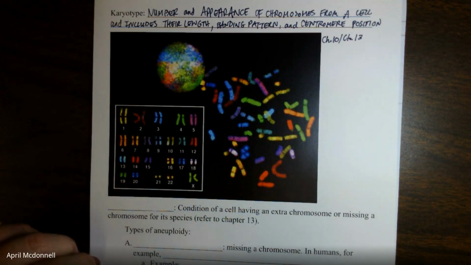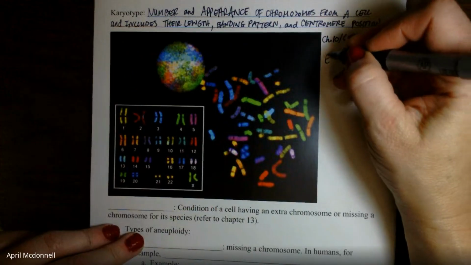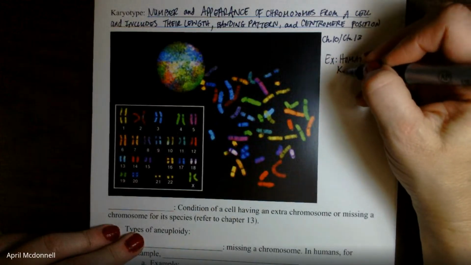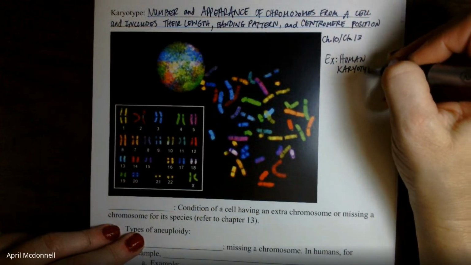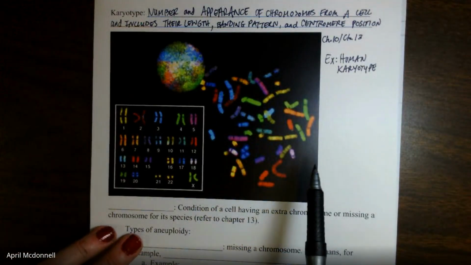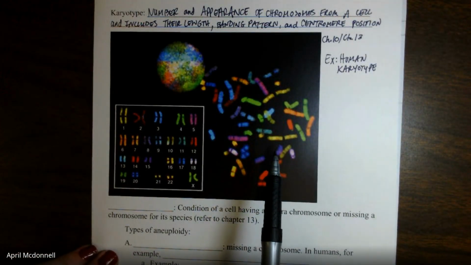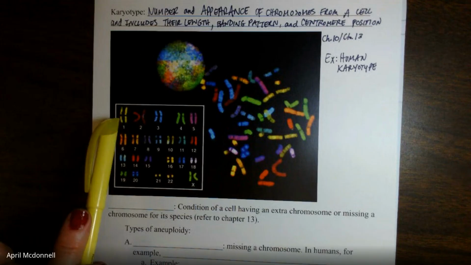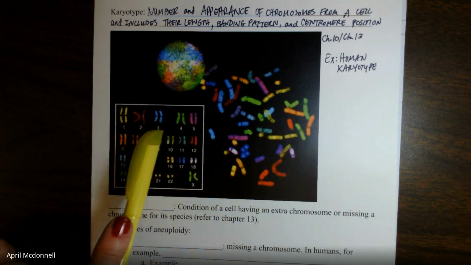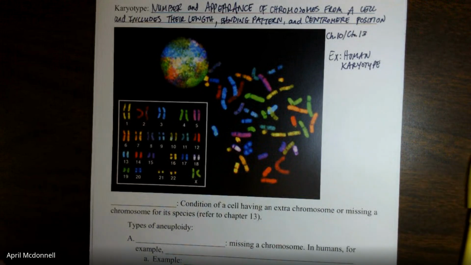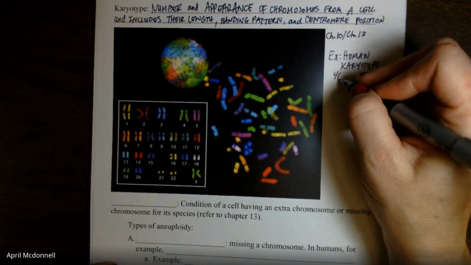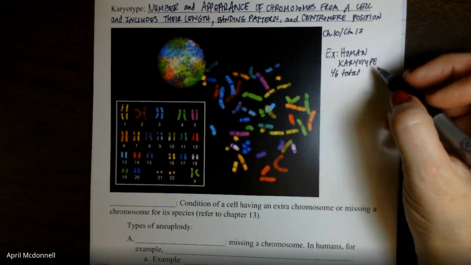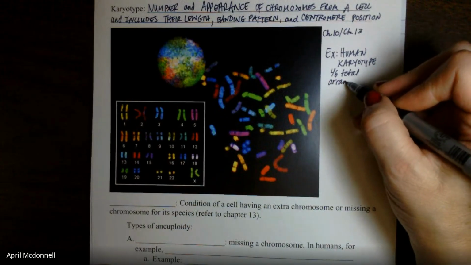So this is an example of a human karyotype. And the reason I can tell that it's a human karyotype is because I could count the chromosomes. Looks like there's 2 yellow ones right here. 1, 2, 3, 4. If I count all the chromosomes, I will find out there are 46 total chromosomes, and they're going to be arranged in 23 pairs.